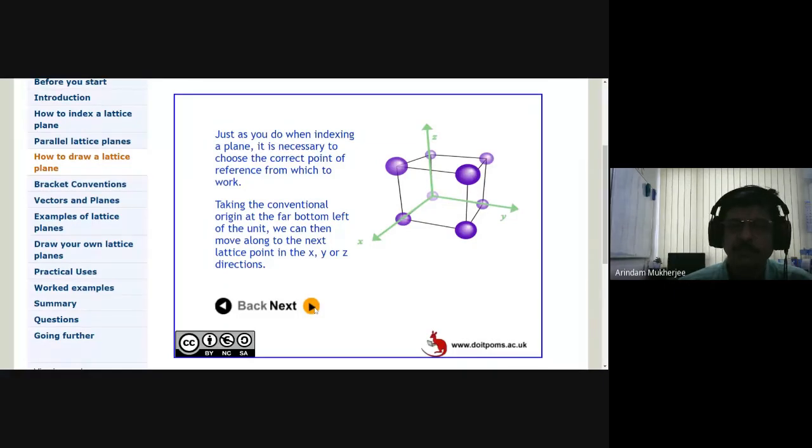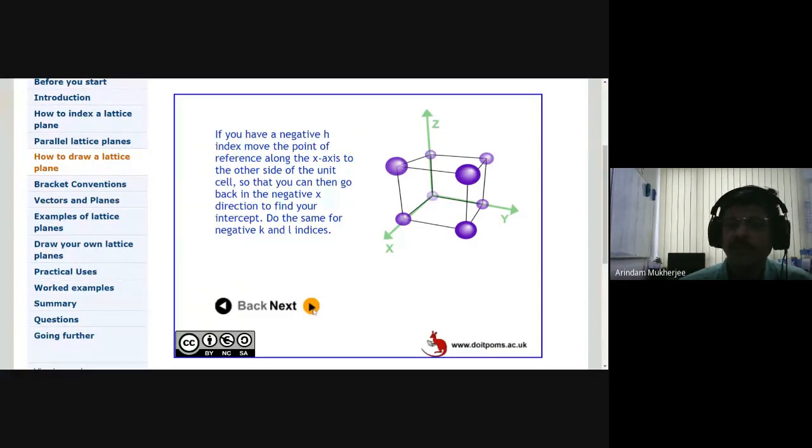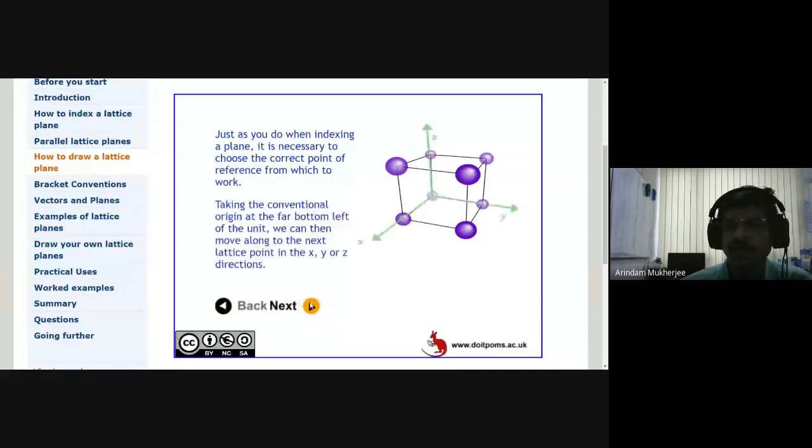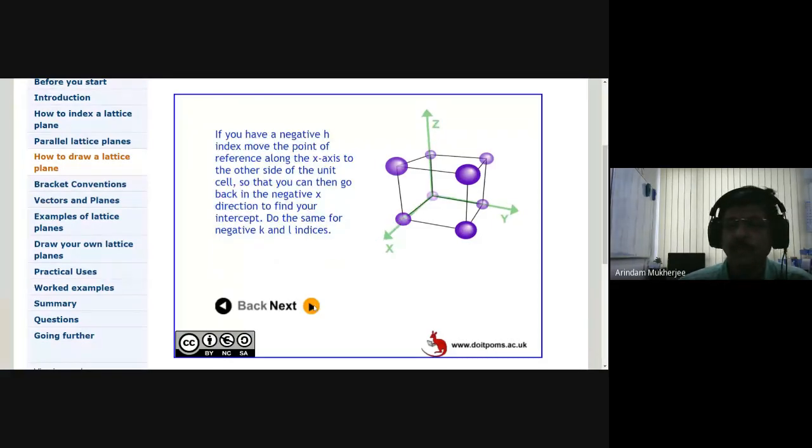We can also move the origin, depending on what we are trying to do. Here we took a conventional lattice point, and then we can always change things. You can have negative, positive, and so see, there we go.